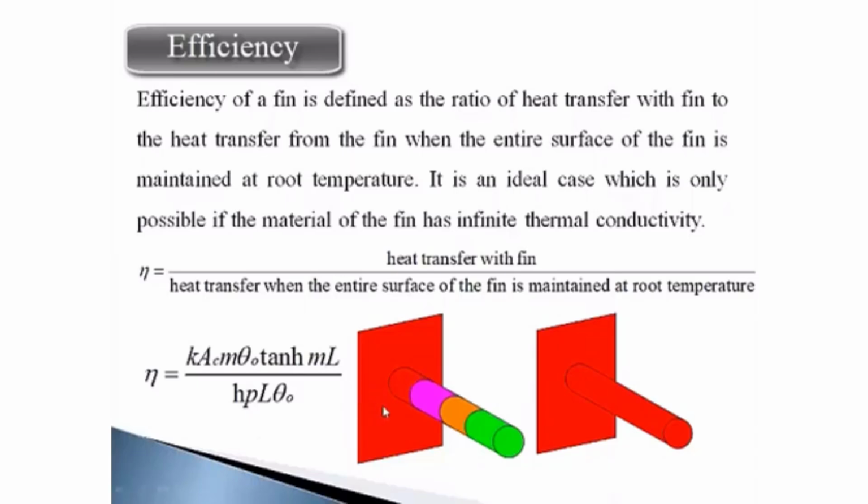So you are comparing this actual fin, which will be like this, with the fin in the ideal case. That is efficiency. The maximum value of efficiency is 1 or 100%, not like effectiveness, which should always be greater than 1.